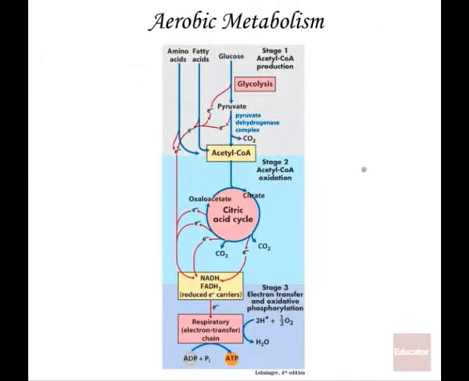Now, to get a little more complex, each of these stages has many biochemical reactions that both prepare the molecules to be broken down, and then ultimately they get broken down. The first stage is production of acetyl coenzyme A, and that stage is called glycolysis.